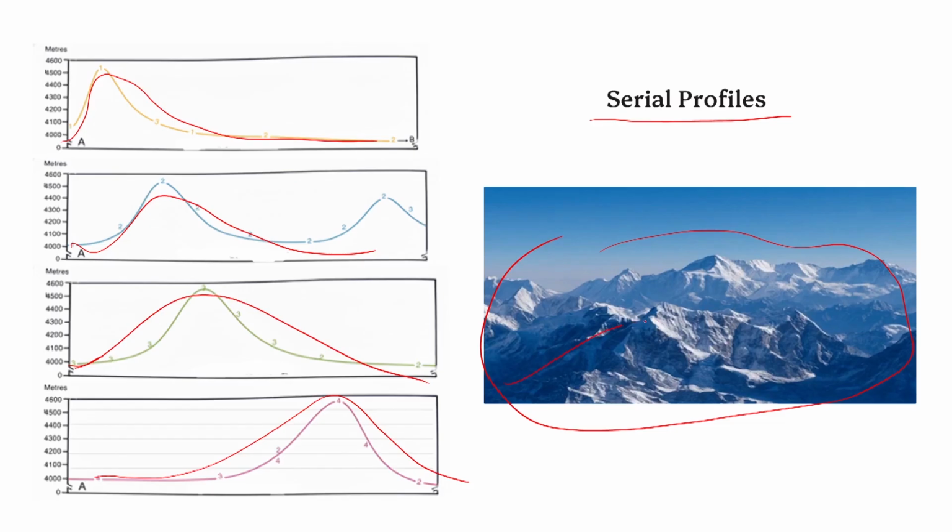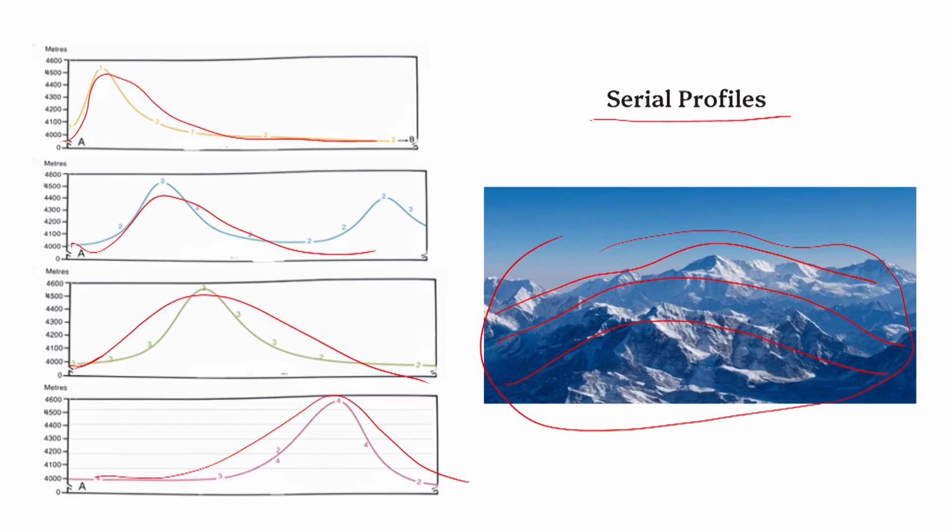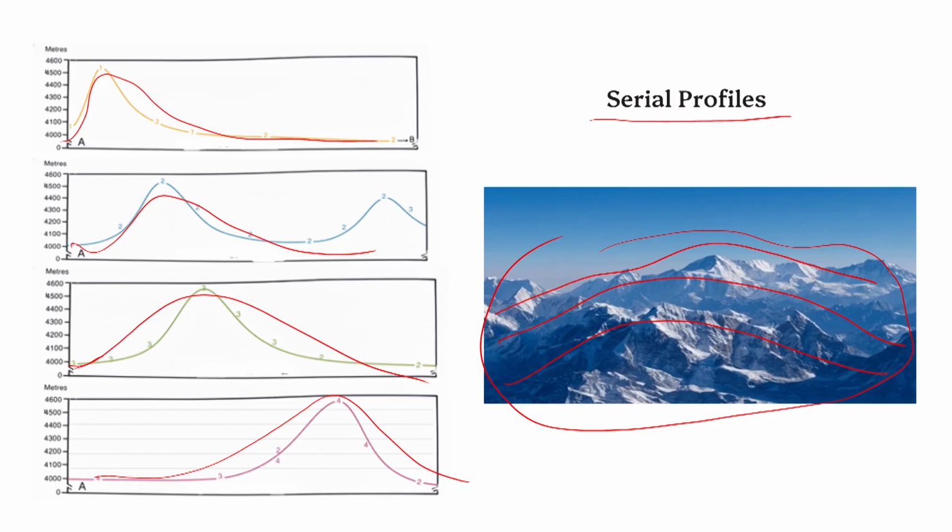So, this area is one profile and the other area is another profile, then the chain of mountains we can completely draw through the serial profile. What is covered within that square kilometer, what is the minimum elevation, what is the maximum elevation, whether the mountain is gentle, steep or moderate, all this information we can get from drawing a profile.